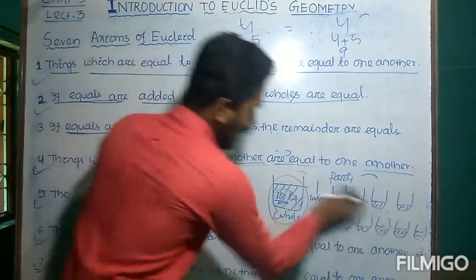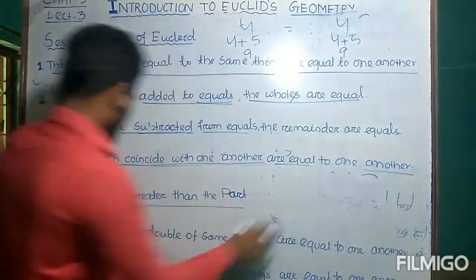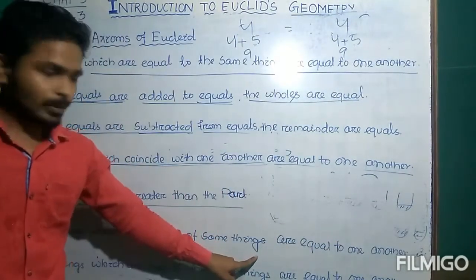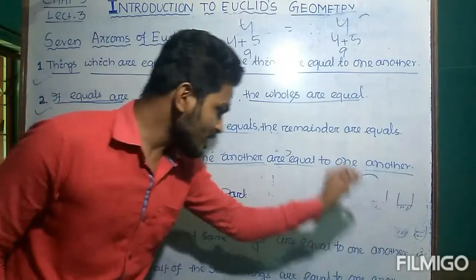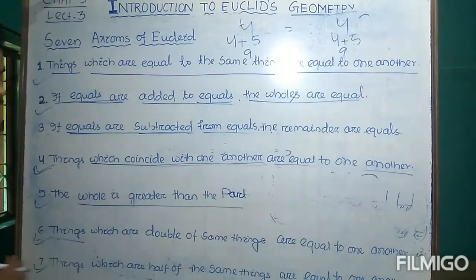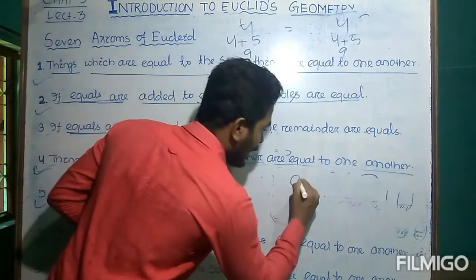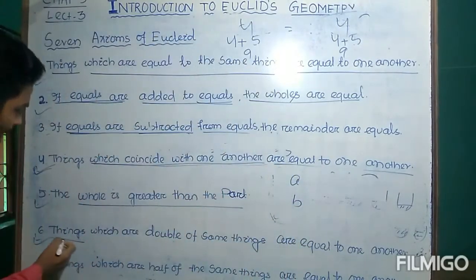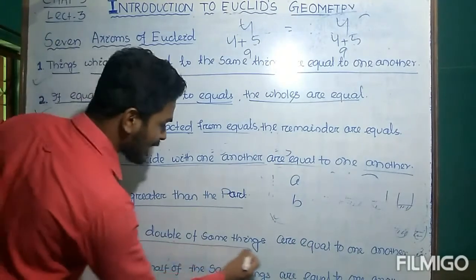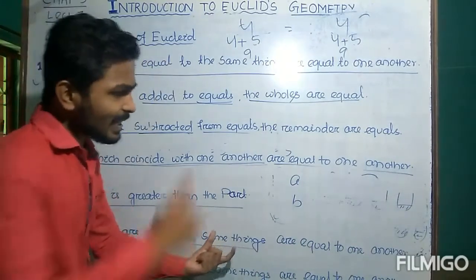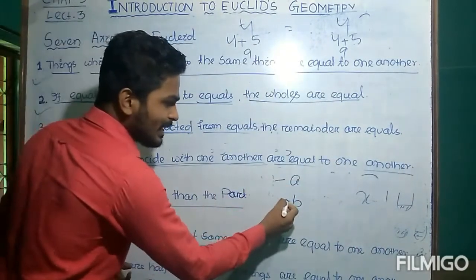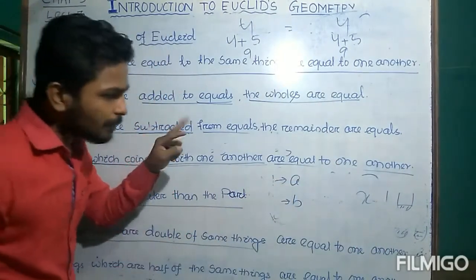Okay. Next, things which are double of the same things are equal to one another. First understand it. Suppose there are two things, A and B, and suppose there is a single thing X. These are two distinct objects.